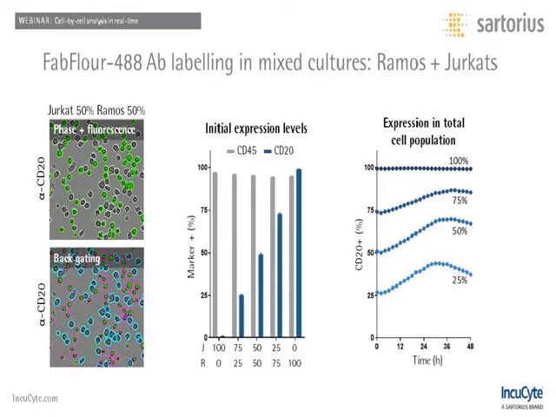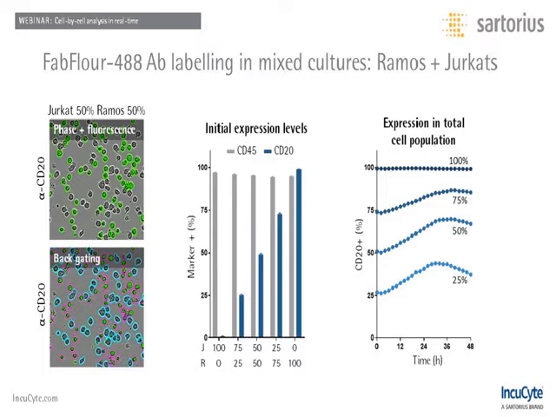You can see the above image shows roughly 50% of the cells are labelled, and the image below has the backgating applied, where the pink outline represents cells that are positive for CD20, and the blue lines highlight cells that are negative. The middle panel expresses the CD20 positive population as a percentage of the total population, which corresponds to the original percentages of Ramos cells added to the mixes.